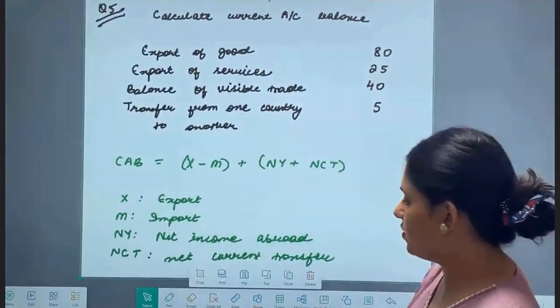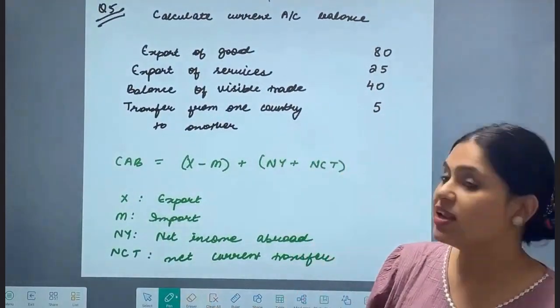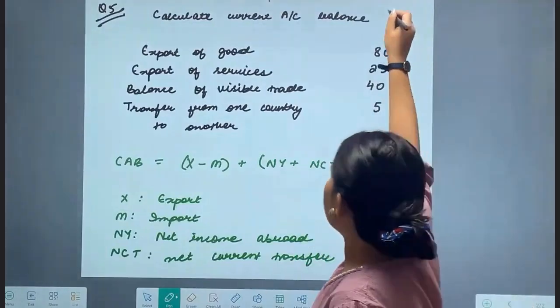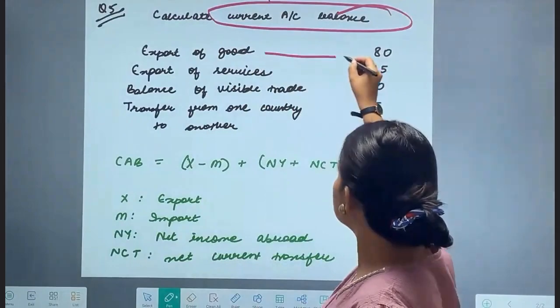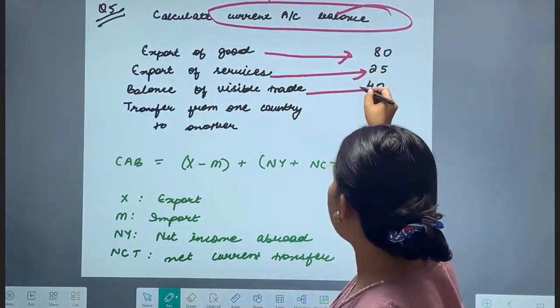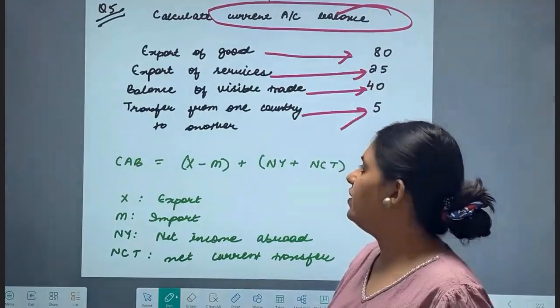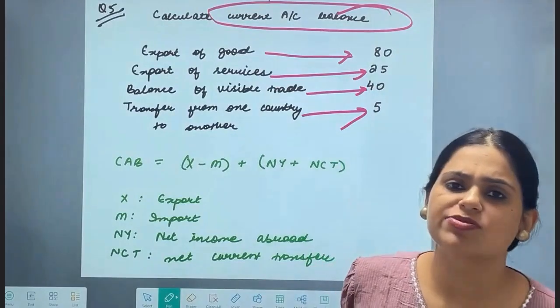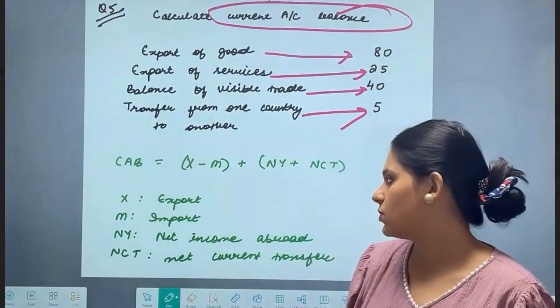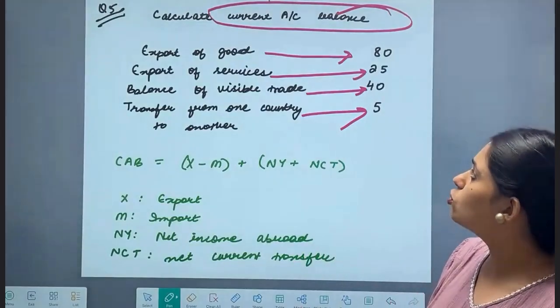Again a tricky one. Look carefully: calculate the current account balance. You are given export of goods, services, balance of visible trade and the transfers. Take a moment, try to do this yourself. So what is the current account?